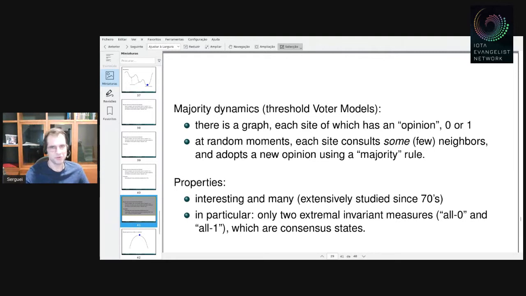It's natural to call these all-0 or all-1 states the consensus states. And so now you understand why we care about this sort of dynamics: we want to achieve consensus on the status of each transaction.